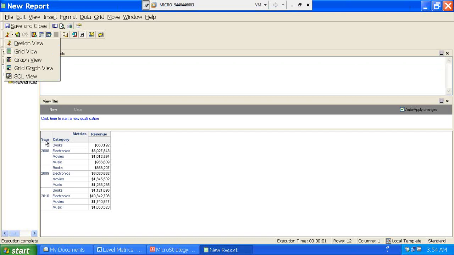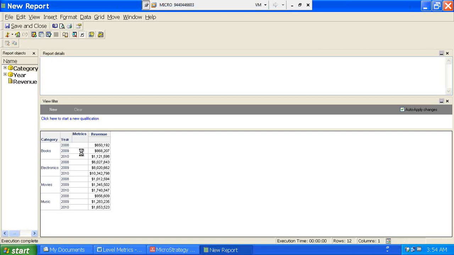Here there is category, because now what I will do is pivoting. I am bringing year to the front. Now see what happened, books from all the 3 years, see 650, 868, 1221. I will just move it to the other side. Now see, in the display I am showing you, 650 is here. Next year 868 is in the 2009 year.